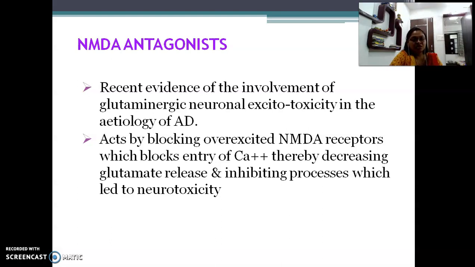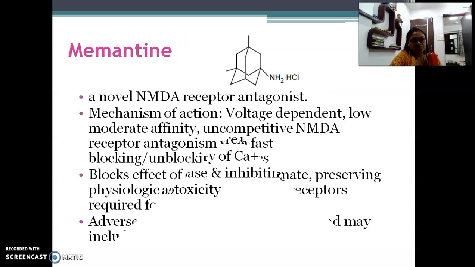The next class of drug used in Alzheimer disease is NMDA antagonists. Recent evidence shows the involvement of glutamatergic neuronal excitotoxicity in the etiology of Alzheimer disease. Hence, a drug which acts by blocking overexcited NMDA receptors is used in Alzheimer disease, which blocks entry of calcium, thereby decreasing glutamate release and inhibiting processes which lead to neurotoxicity.